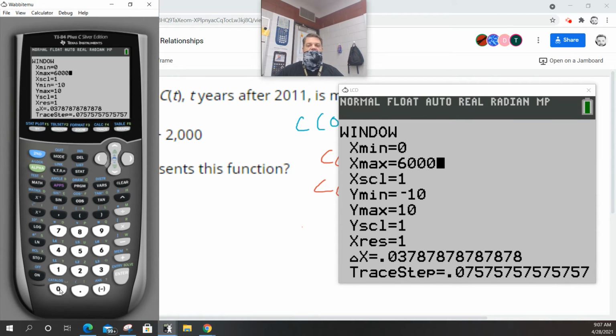Oh, no, my x-axis doesn't go to 60,000. My x-axis goes to 20. I'm sorry, I got confused. My y-axis goes from 0 to 60,000. Good thing I caught myself, huh?